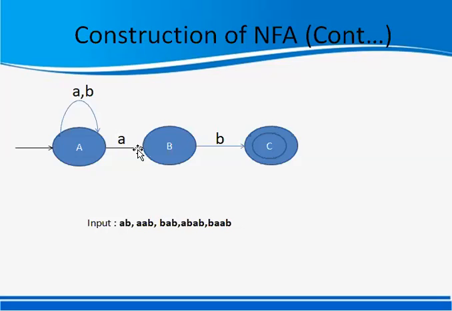Means there may exist any number of A and any number of B before the occurrence of substring AB at the end.